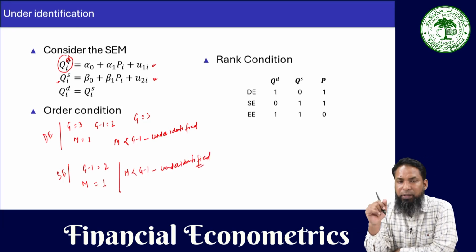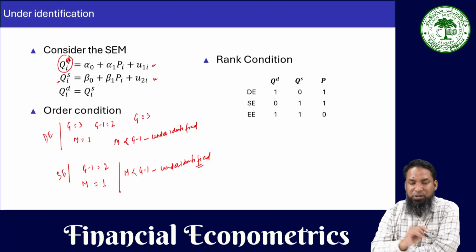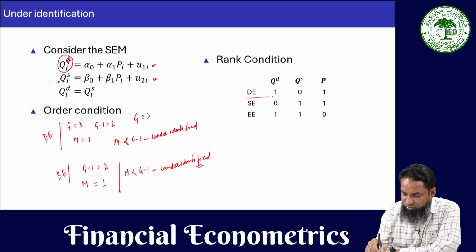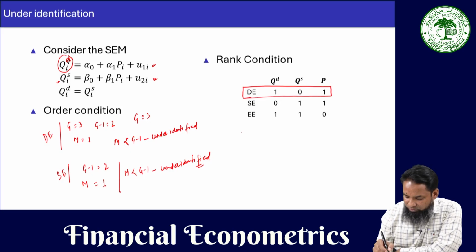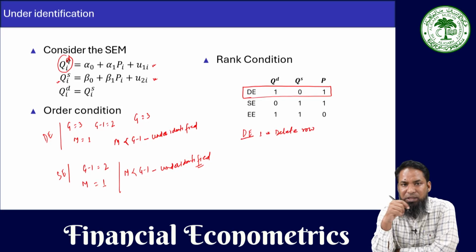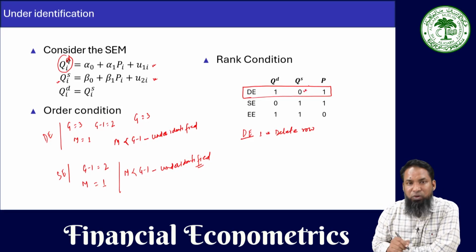Now let us take the rank condition. Let us take the demand equation. For the demand equation, the first thing we have to do is delete that row. Once we delete that, we have to consider only the column where we have 0. Here we have only one column where we have 0.